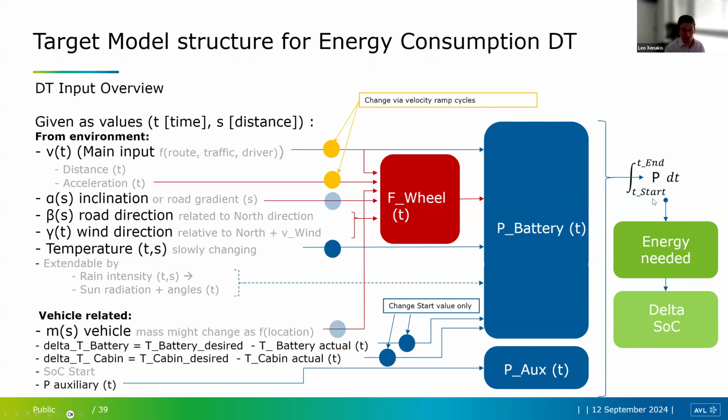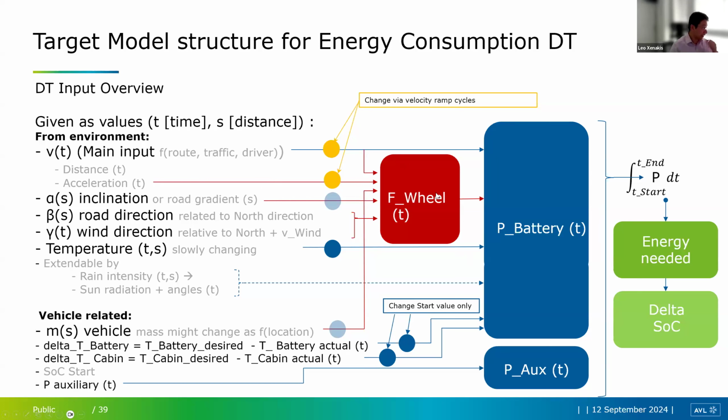This one's a bit of a complicated slide, but hopefully it's relatively simple in the sense that how we try to create the digital twins is to have an initial calculation that happens to have the force of the wheel calculated.